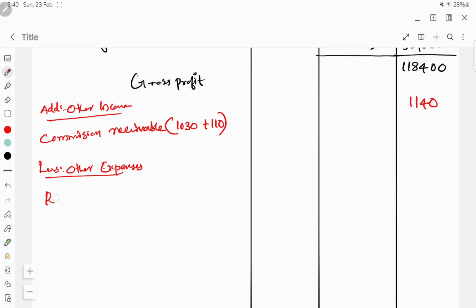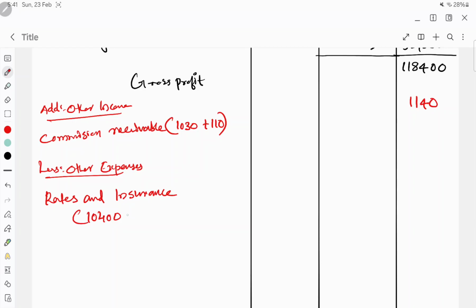Okay, so I'm taking rates here as per the trial balance. Rates and insurance is given together. So rates and insurance total is 10,400, isn't it?